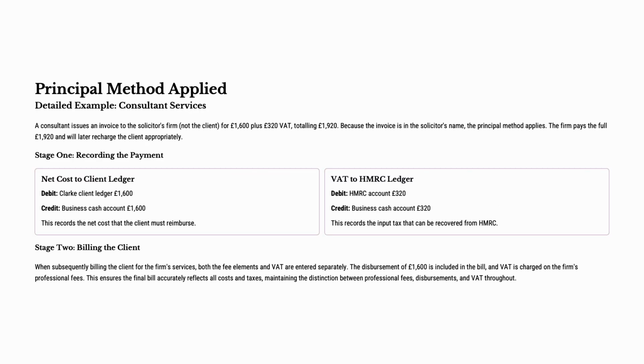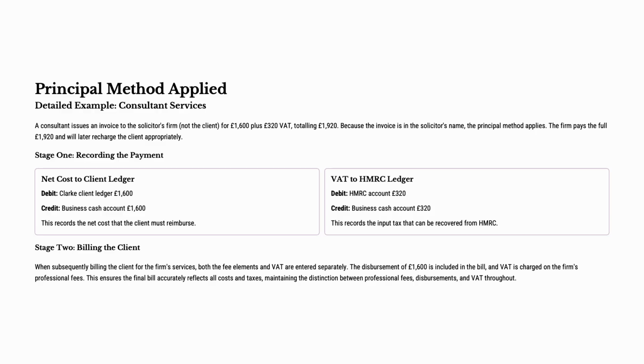So let's break down the principal method with the example of Mrs. Clark's consultant invoice. The consultant charges 1,600 plus VAT of 320 in the solicitor's name. So the firm pays £1,920. We debit Clark's ledger for 1,600, and that is the true cost to be recovered.